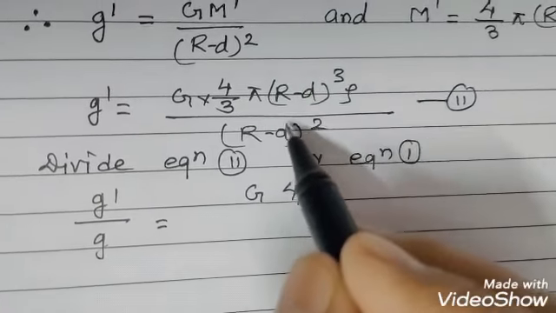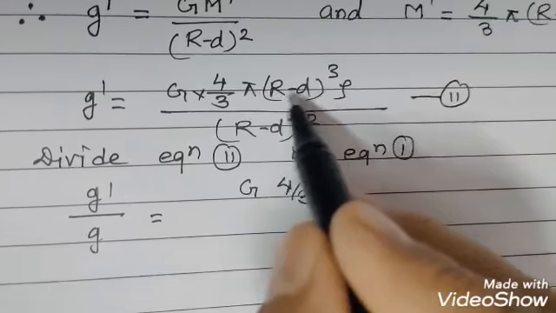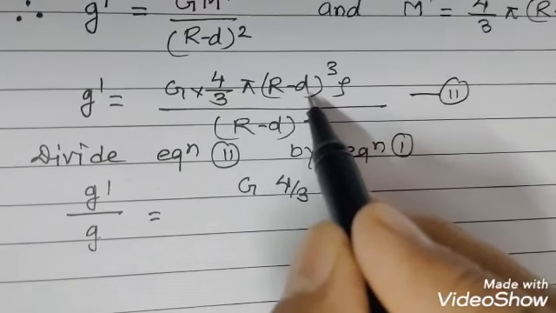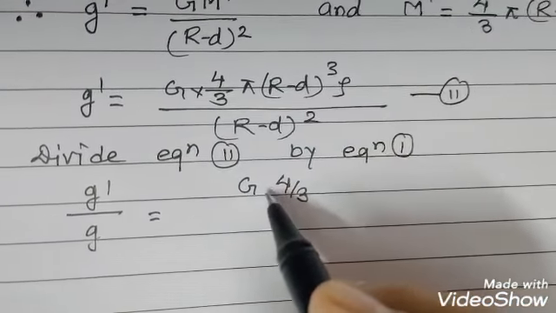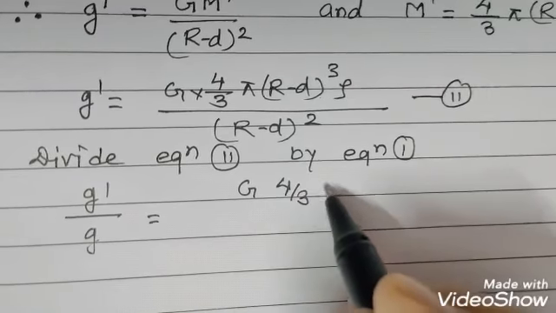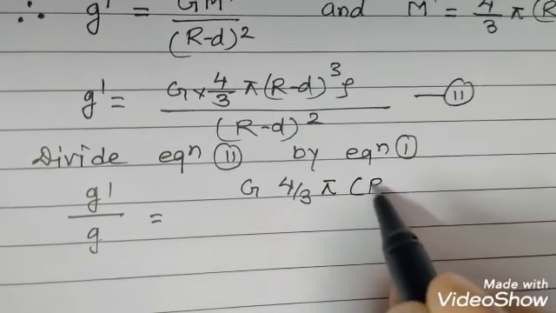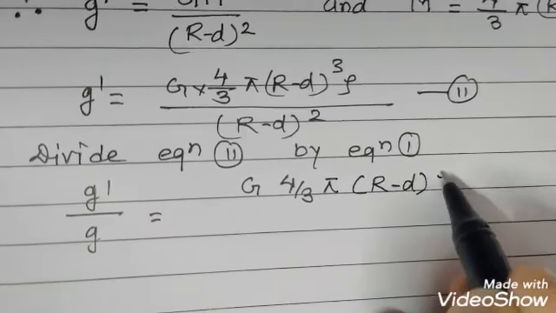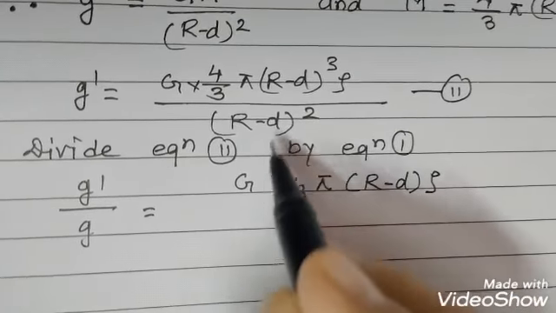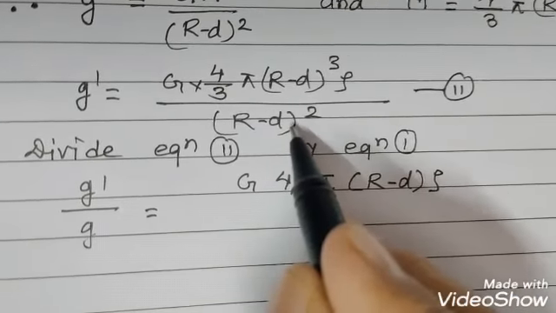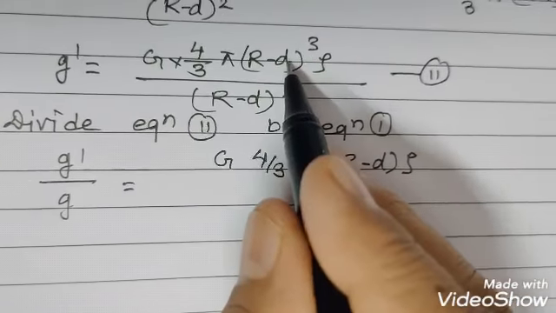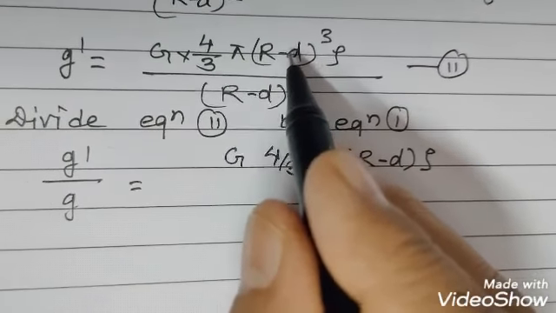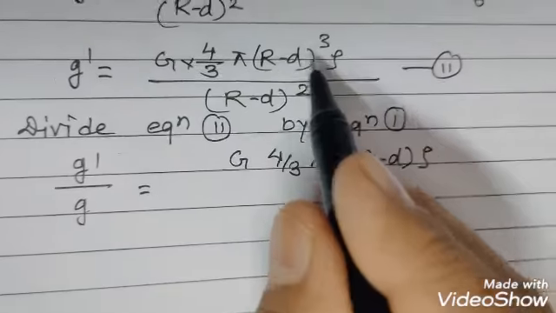R minus d and R minus d square will be cancelled. Only R minus d will be there. So G multiplied by 4 by 3 pi, only R minus d will be there, and this is density rho. Because R minus d the whole square and R minus d the whole square will be cancelled, only R minus d will be there in the numerator.